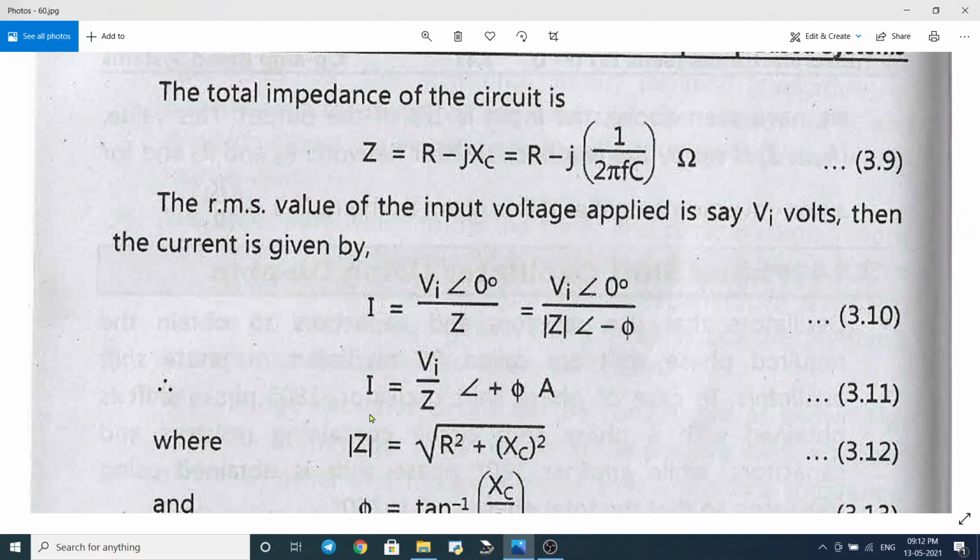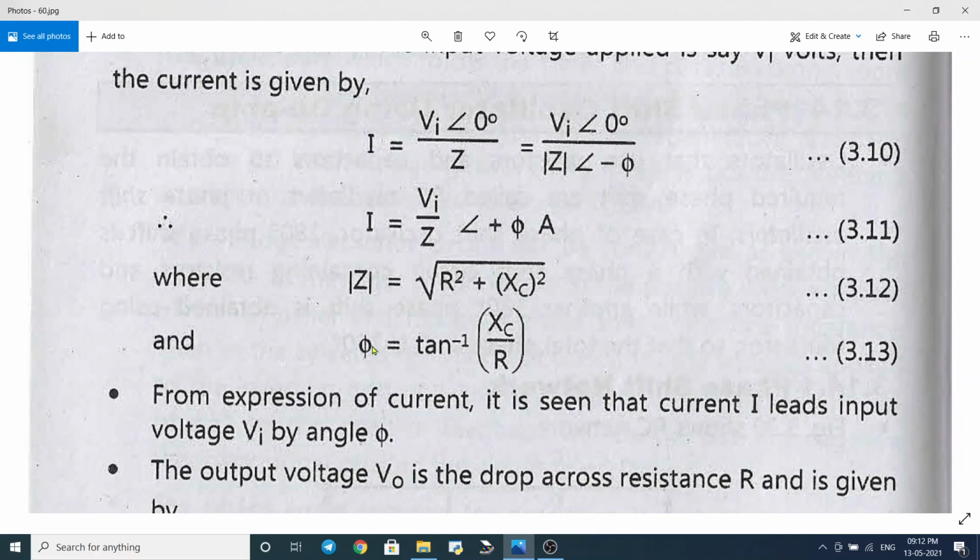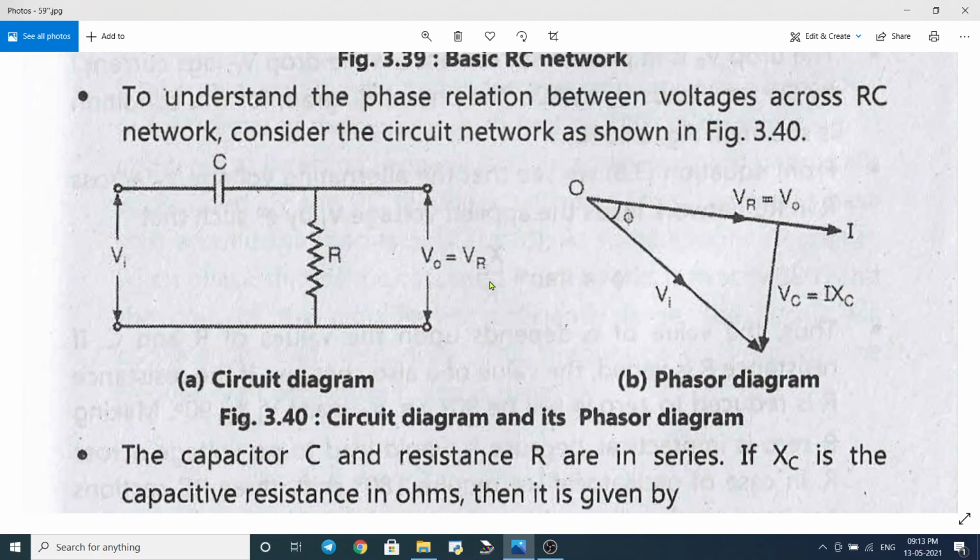This is the magnitude, and the phase is written as tan inverse of B by A. This is B and this is A. So we want a 60 degree phase shift. Look at here.